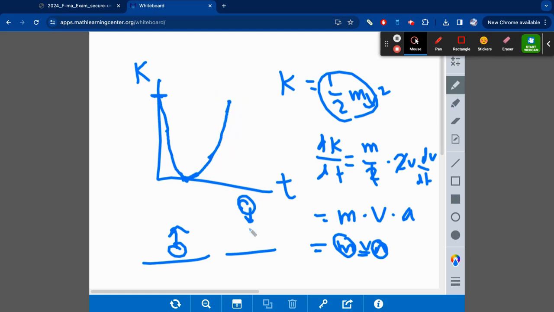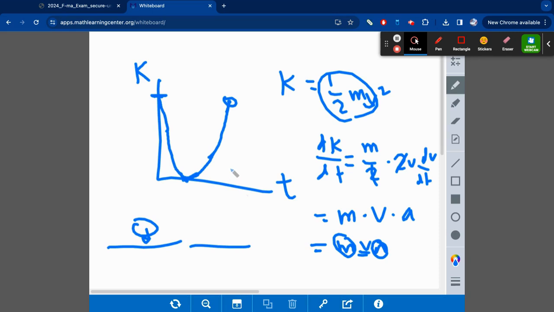So now what's going to happen when it collides with the ground again? Let's just say it's at this point right now, and it's about to collide with the ground. So what happens after it collides with the ground?